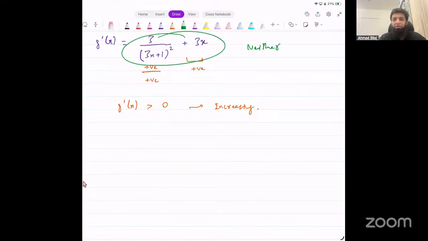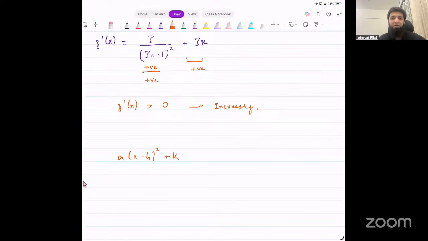If there was no condition on x, you would say this is neither. Why? Because depending on the value of x, this whole expression could be negative, it could be positive as well. So it's something that you'll have to think based on that particular function that you're given, but that's the way you think about it. When the derivative is quadratic, for quadratic functions, you should always convert them to completed square form.